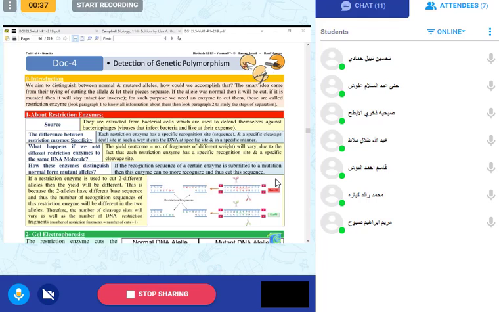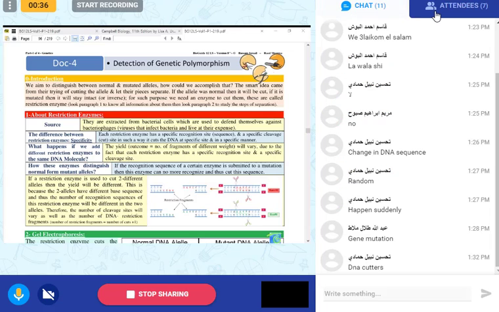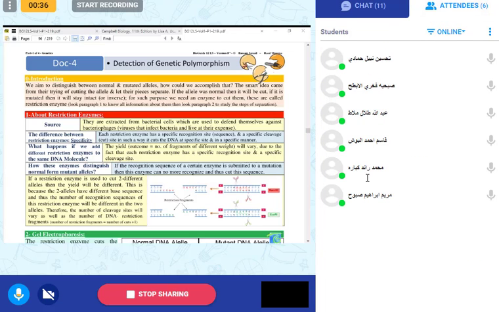It will not cut. So it cannot cut anymore because it will not recognize this site. So a change in one nucleotide in this place means it will not be able to cut anymore.